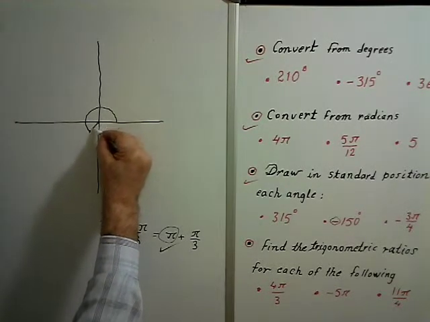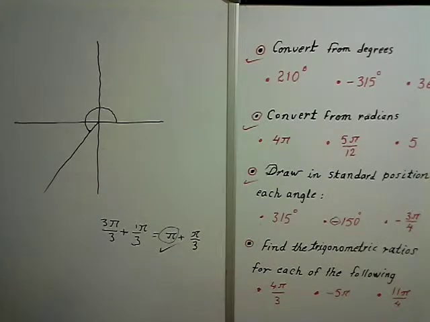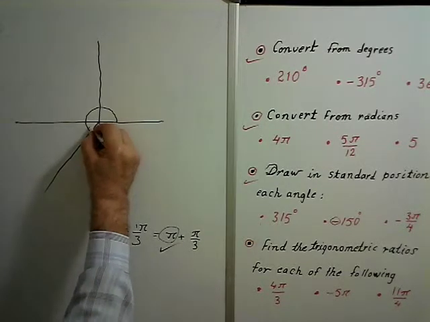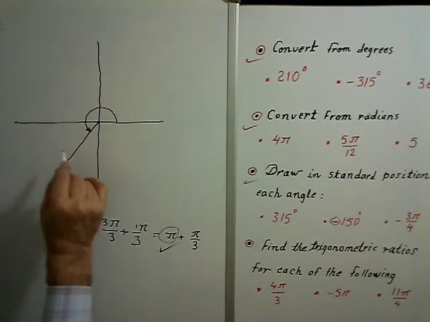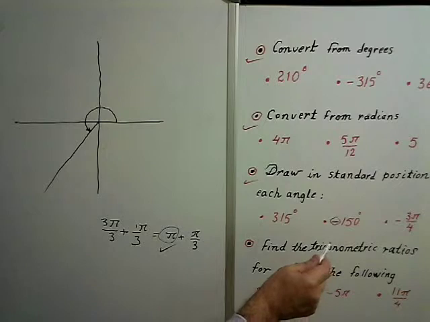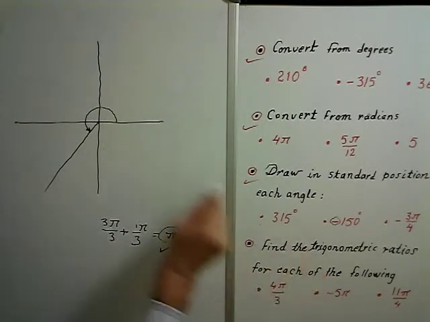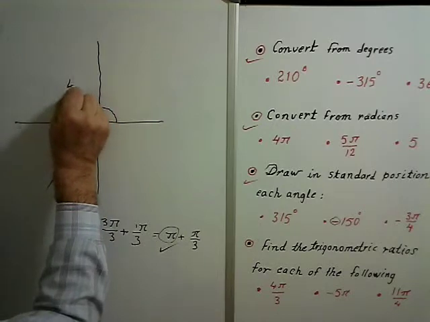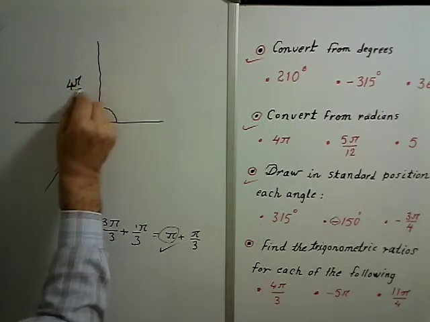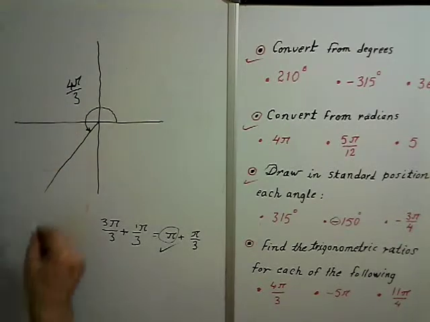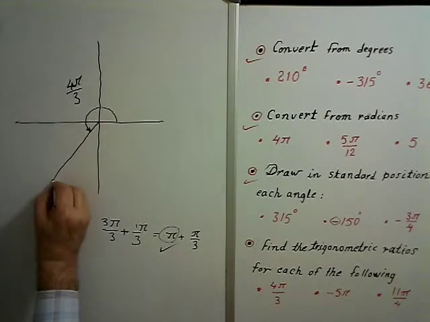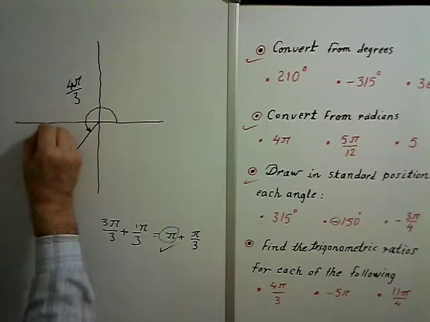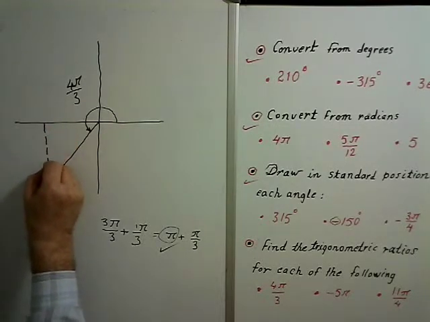So this is the terminal side of the angle. So this is the angle, this is the angle 4 pi over 3. To know its trigonometric ratios for this angle, which is 4 pi over 3, we will take any point here on this terminal side and draw this line.